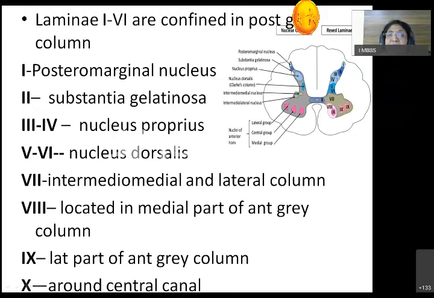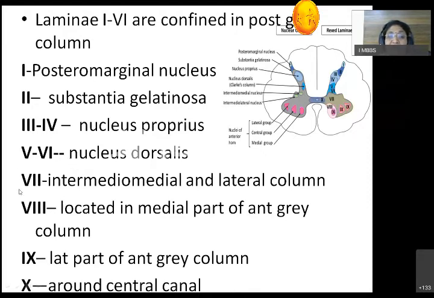The second lamina corresponds to substantia gelatinosa, which is responsible for pain, temperature, and touch, whereas nucleus proprius denotes the third and fourth laminae. Fifth and sixth laminae denote nucleus dorsalis.